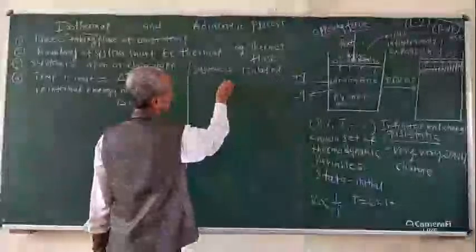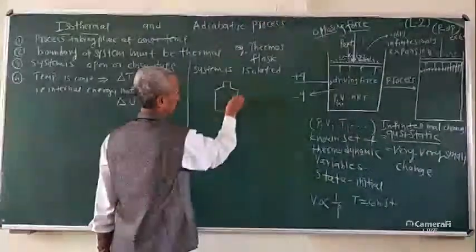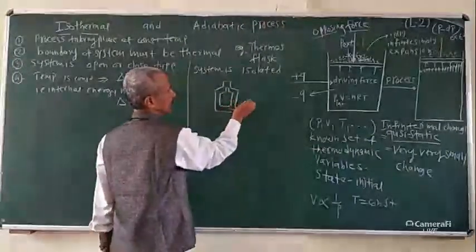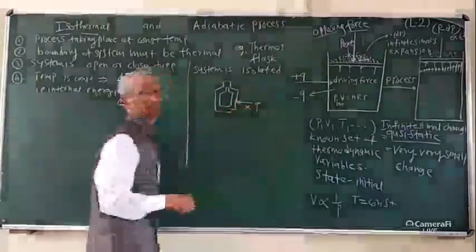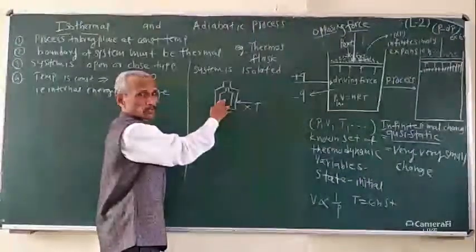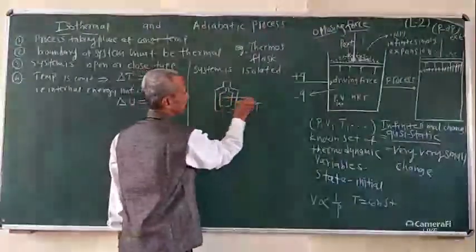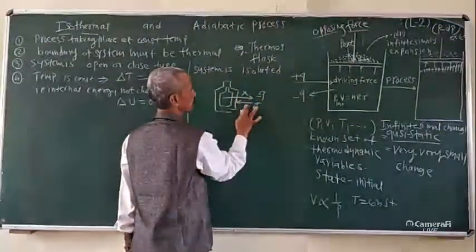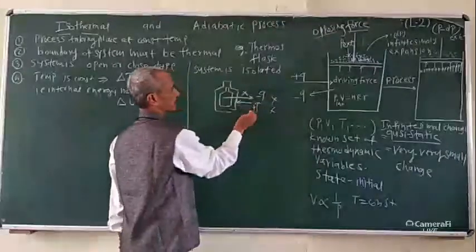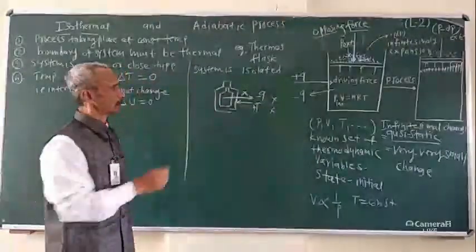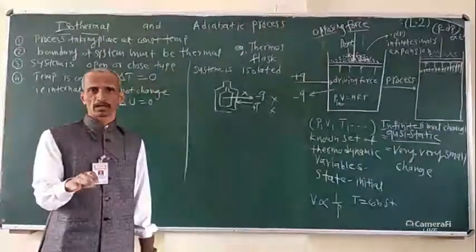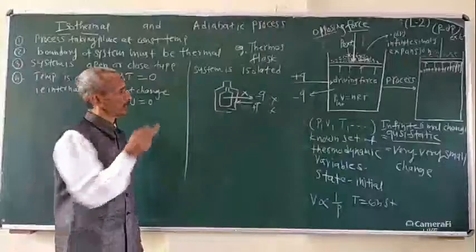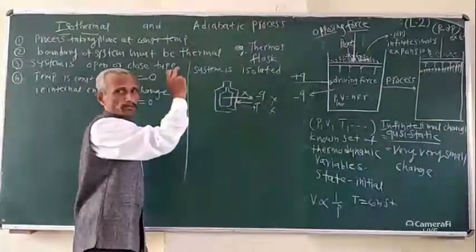Suppose this is the thermos flask where there is a vacuum. Heat cannot enter from the surroundings into the system, nor can it be given out. So whatever change is taking place, it may be an expansion or a compression, but it takes place inside the system only.